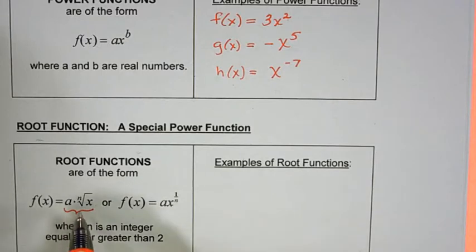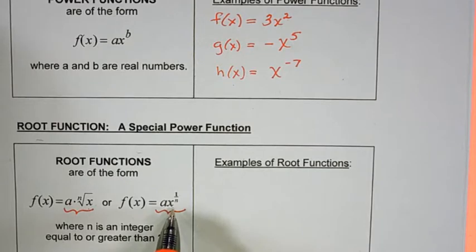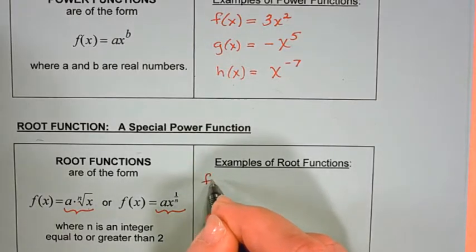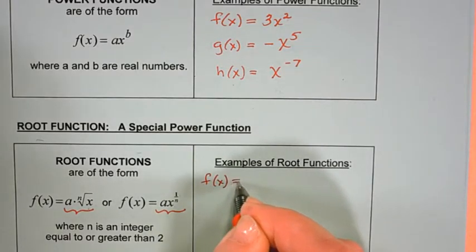Root functions, or radicals, are actually power functions because these two expressions are equivalent, as you've seen in previous sections. So radicals actually are power functions. So let's go ahead and look at some examples. Again, this is from the review section in your homework.